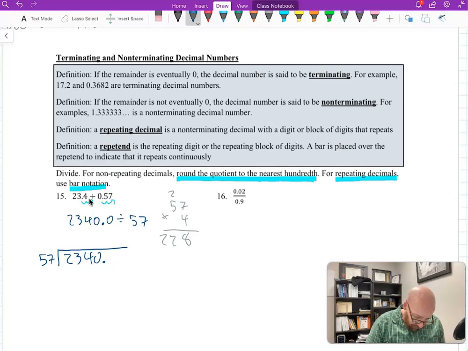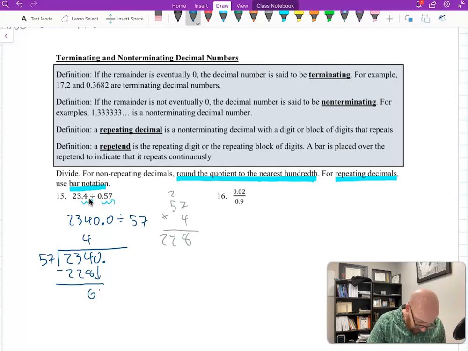So 57 goes into 234 4 times. That product is 228. We will have a difference of 6.